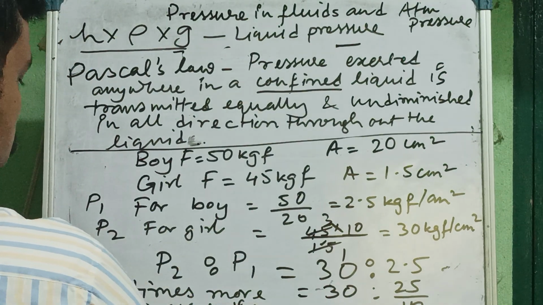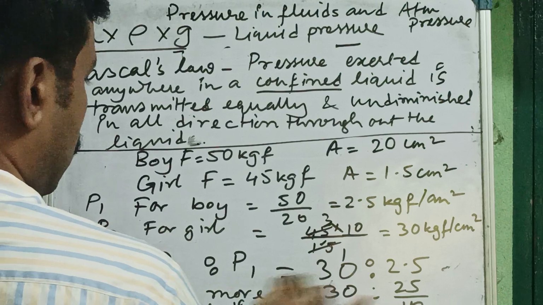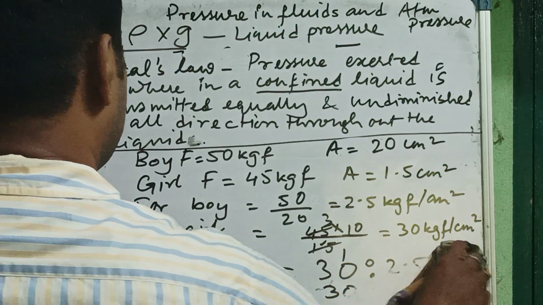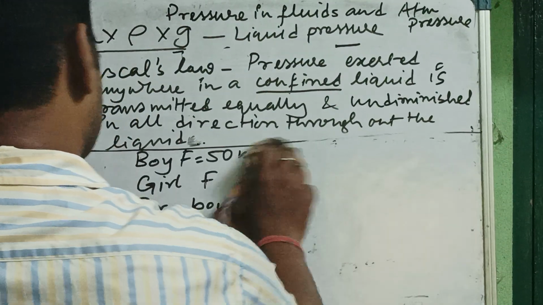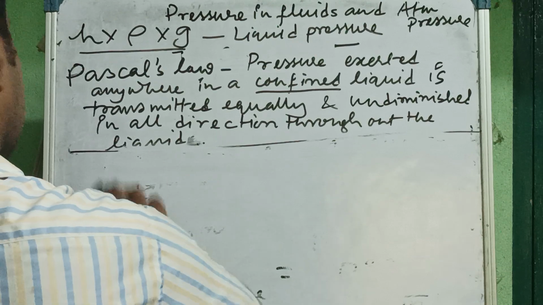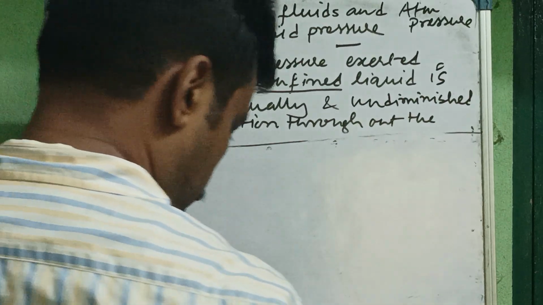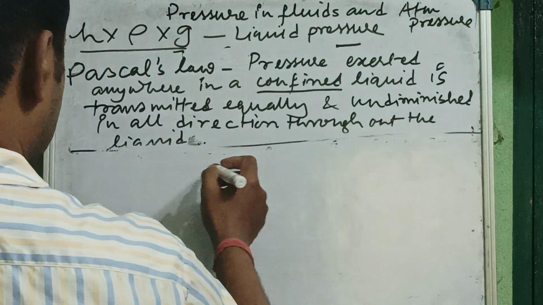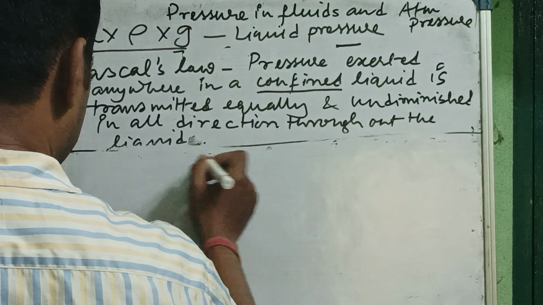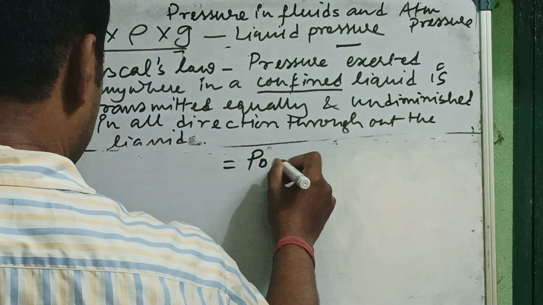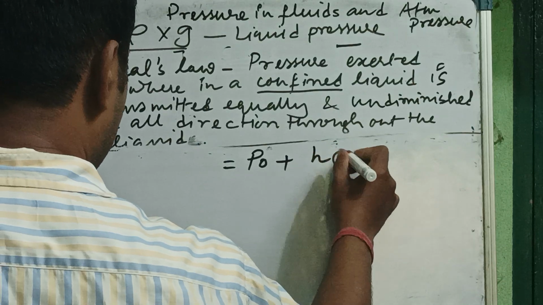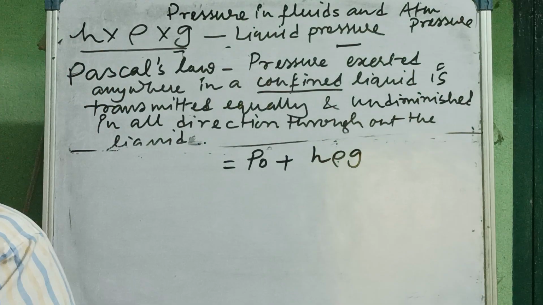Okay, we can write this for the atmospheric pressure. You always want to know that atmospheric pressure is there and h rho g is also there.